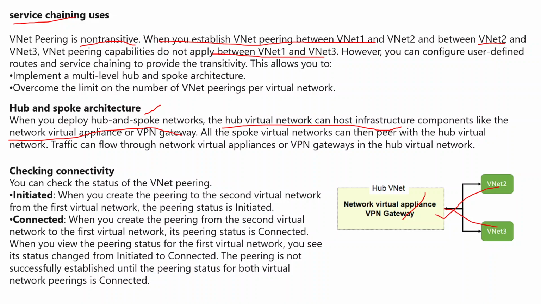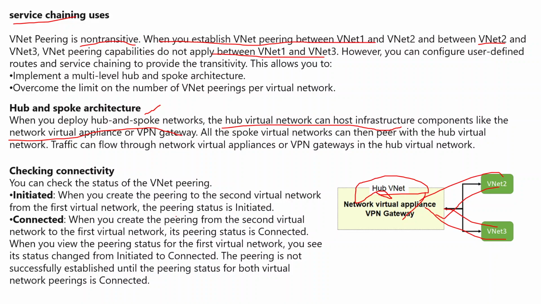You have a center wheel, and then all the spokes. The center is the hub, and the spokes are the strings connected to the outside wheel. Whenever you transmit data to the hub, it will automatically transmit it to the spokes. We will discuss this hub and spoke architecture, but just remember this. Using hub and spoke architecture, you can have peering between 1 and 3 also.